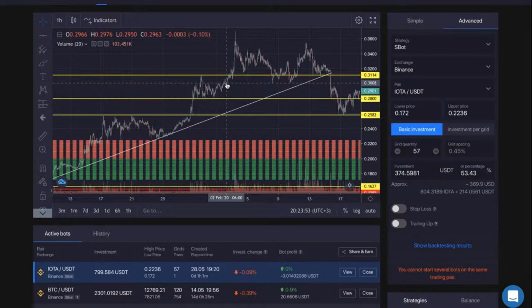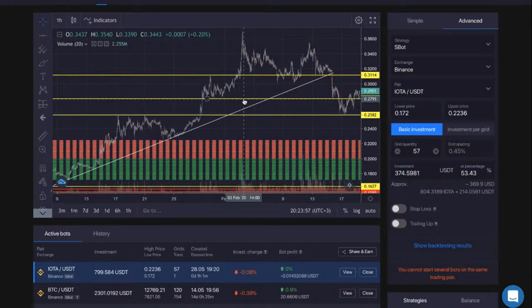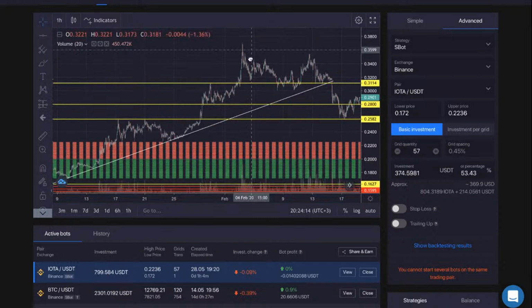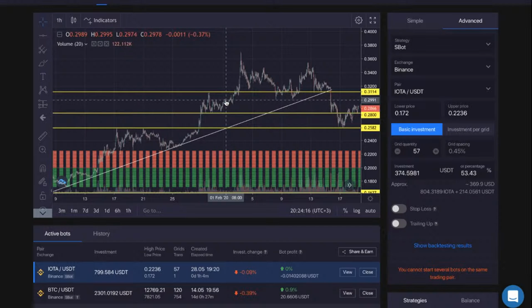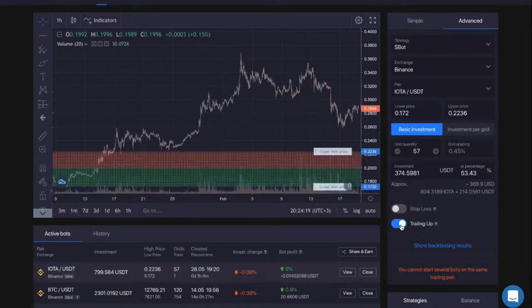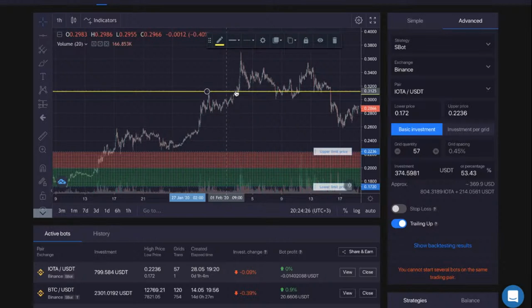In general the market is moving upwards, so I consider the market to continue its global prolonged upside momentum, break my upper limit price right here and then follow the price appreciation. So right here I would enter with the trading up function on, just to make sure that once the price breaches the resistance level, my trading range will follow the price appreciation.